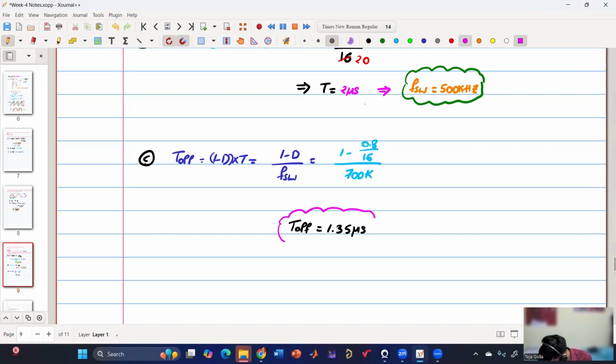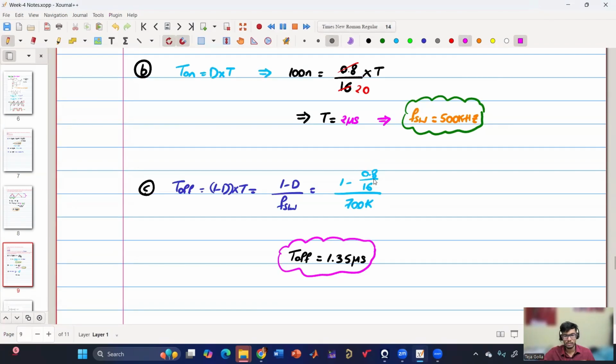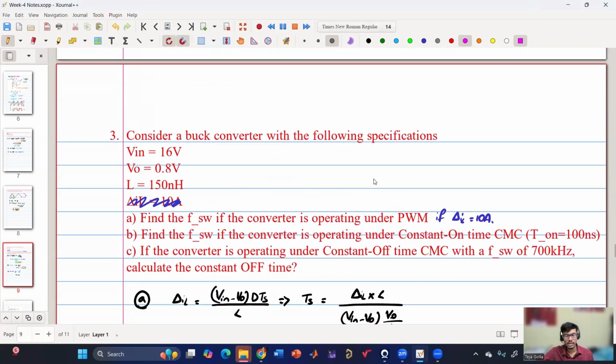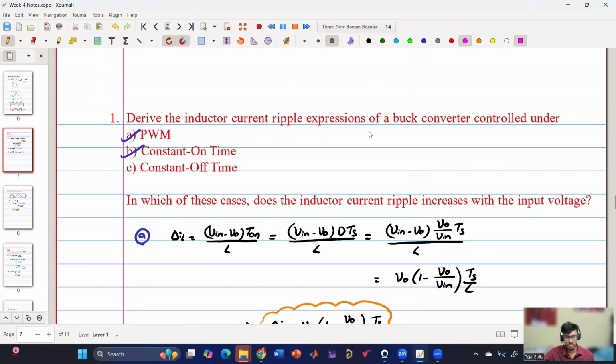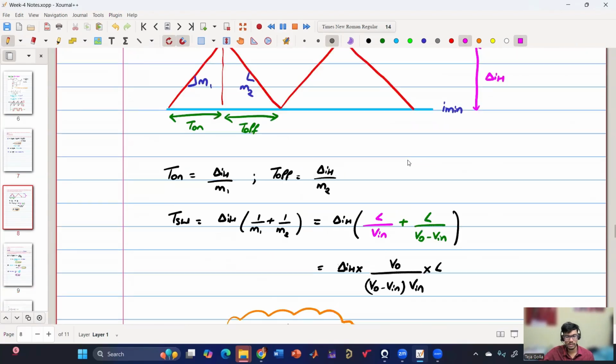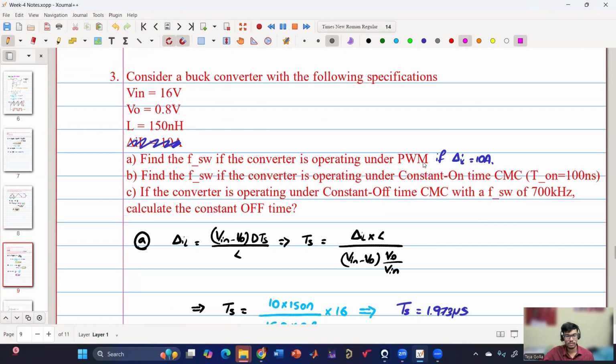So in this way, we can twist the question around and ask. Now if I ask in which of these cases the ripple is independent of input voltage, in which case will it be independent? The constant off-time. Yes, because we have already checked in the first question that it is independent of the input voltage in the case of constant off-time.